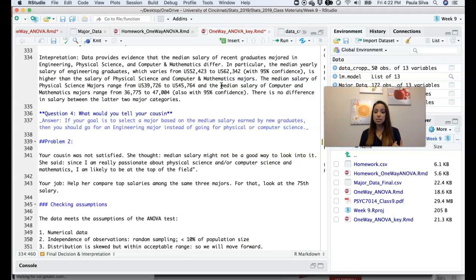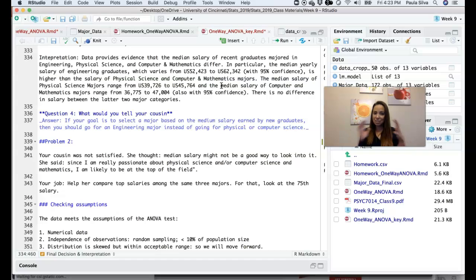So this is basically what the data provides your cousin, right? So what would you tell your cousin? One thing you should tell your cousin is that if your goal is to select a major based on the median salary earned by new graduates, then you should go for an engineering major instead of going for physical science and computer science.